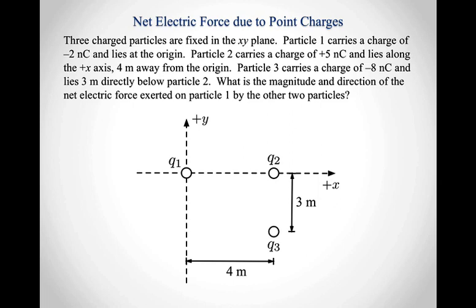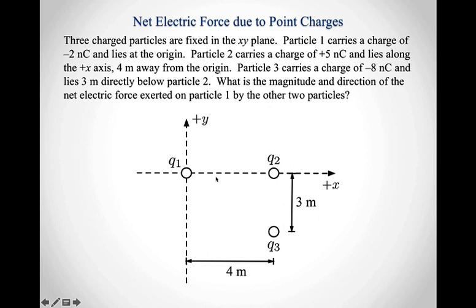The first thing we need to be very clear about is which charge we want the net force on. There are multiple electrical interactions going on here: an interaction between charges 1 and 2, between charges 2 and 3, and between charges 1 and 3.